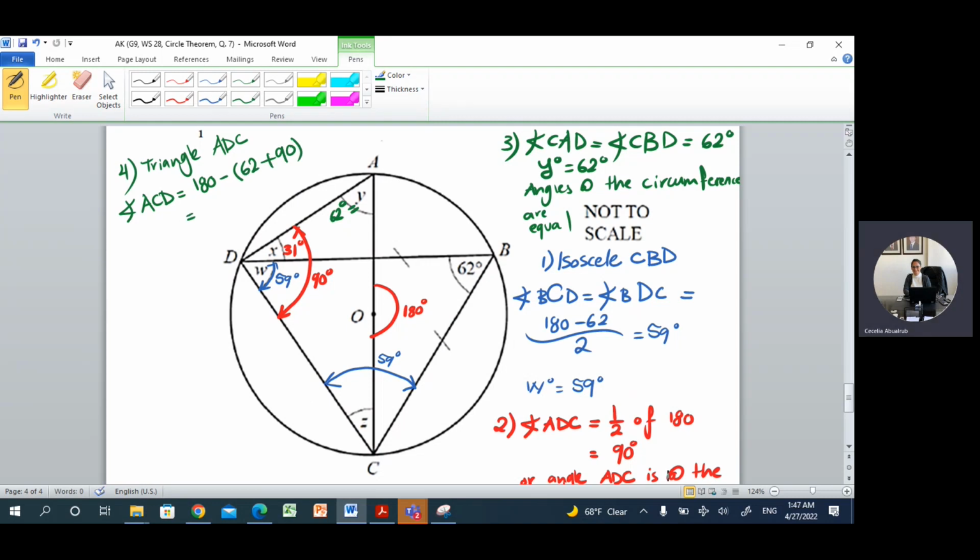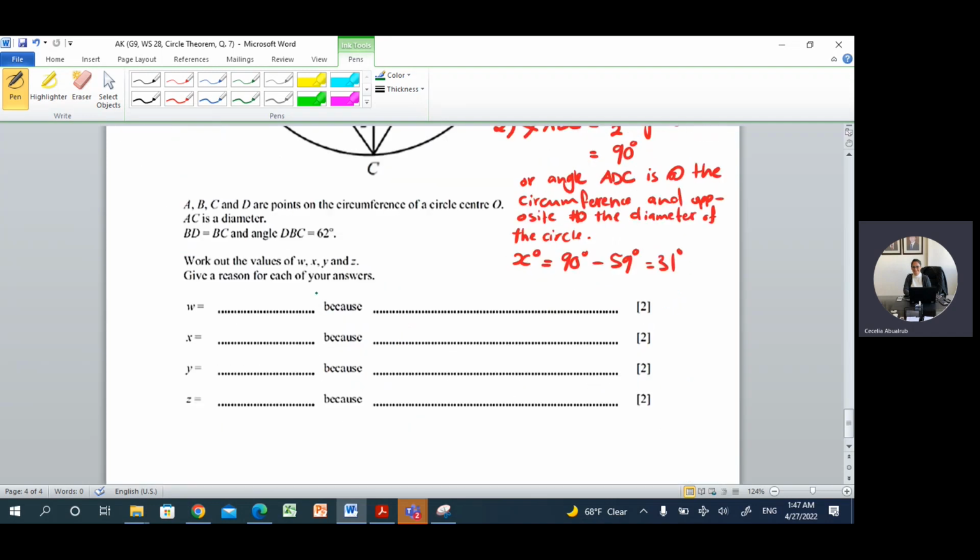Accordingly, 180 minus 62 plus 90 will bring it down to 28 degrees. So Z is equal to 28 degrees. So 62 plus 28 plus 90 is equal to 180. And then we can answer the questions.